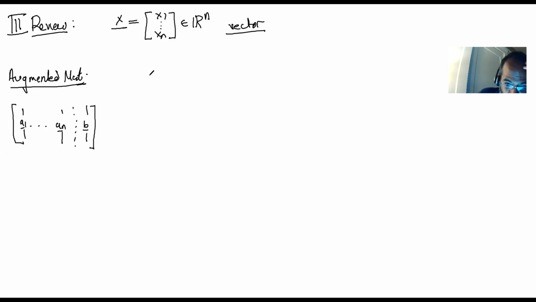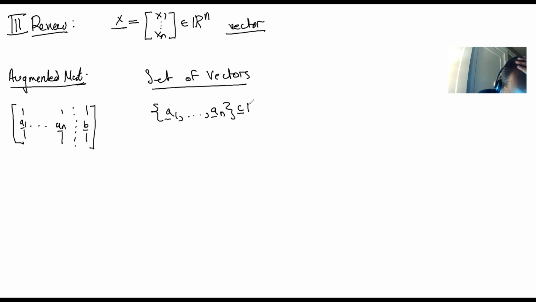And then in the second week, we looked at sets of vectors. So you could look at a set of n vectors in Rm. And then in the third week, we looked at matrices and the associated.